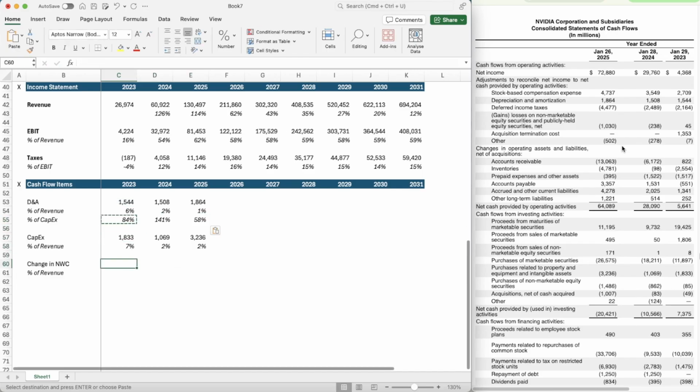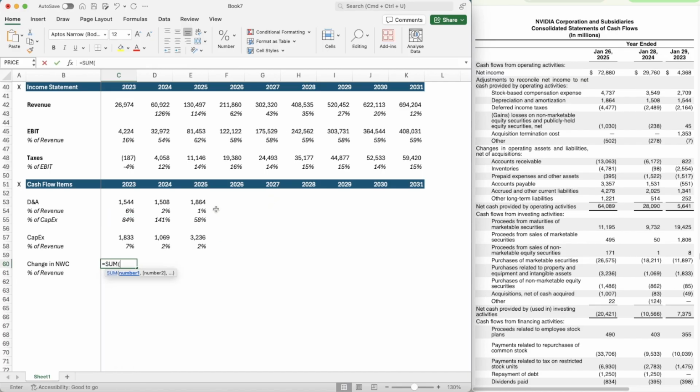So change in net working capital, we just sum all of these. So we go equals sum 822, comma, negative 2554, negative 1517, negative 551, 1341, 252.